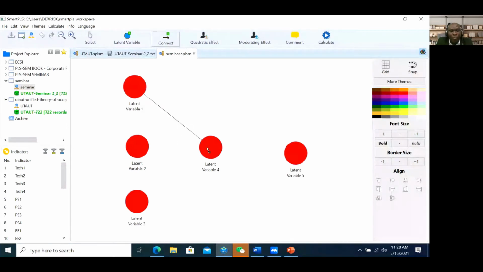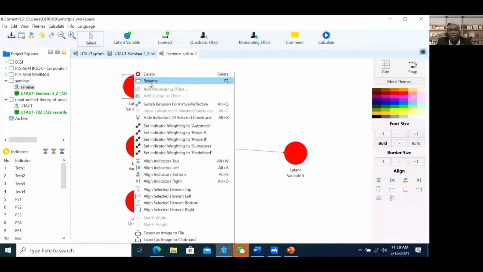You connect from here to here, connect this one to here, connect this way from here to here, and this other one to here. Now, you can click on select and then rename the latent variables, okay?